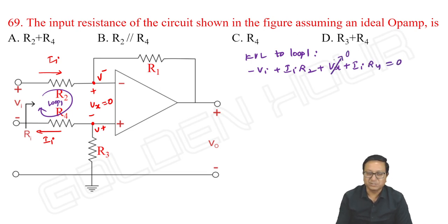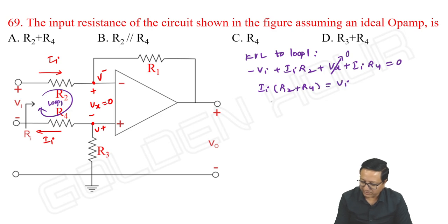Anyway, Vx is 0. I just wrote it to complete the loop equation, nothing else. So Ii into R2 plus R4 is equal to Vi. So Ri is equal to Vi by Ii. It is simply R2 plus R4.